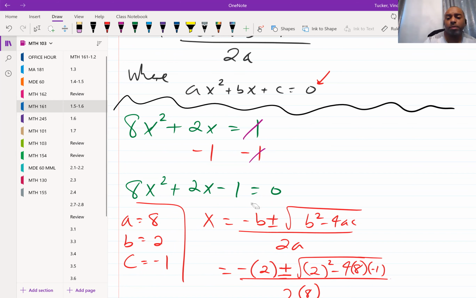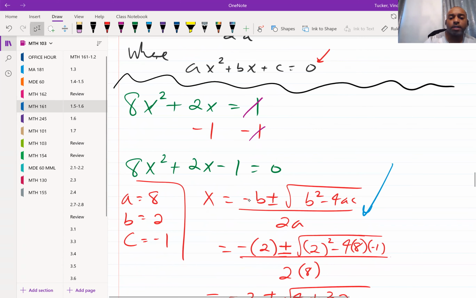Once you've done that, you can plug them into your formula accordingly. Don't forget this negative out here, so make sure you hold true to that. Sometimes people leave it off. So that's -2 plus or minus the square root of 2 squared minus 4 times 8 times -1, over 2 times 8.